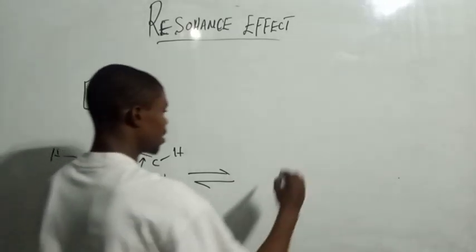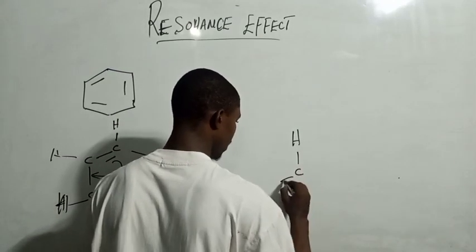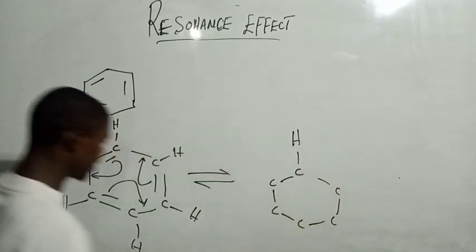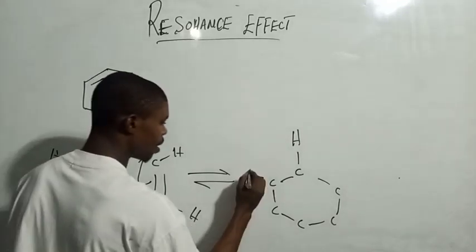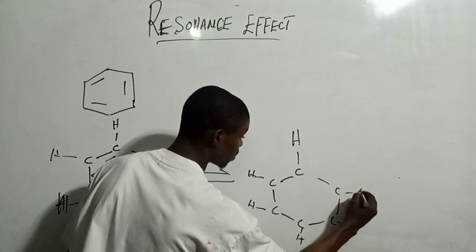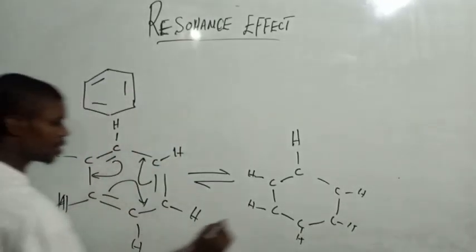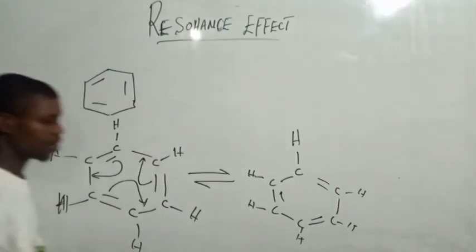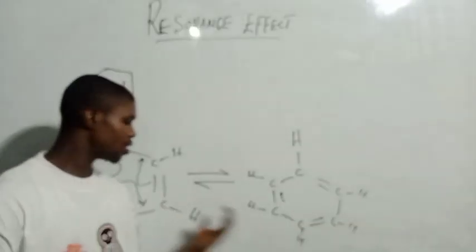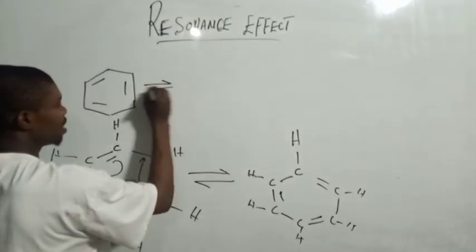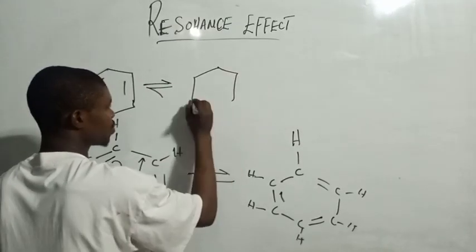So here I have hydrogen, carbon, carbon, carbon, carbon, carbon, carbon, right? So here I'm going to have hydrogen on each carbon. This is that. So these are the resonance structures. That is the reason why benzene has two resonance structures.